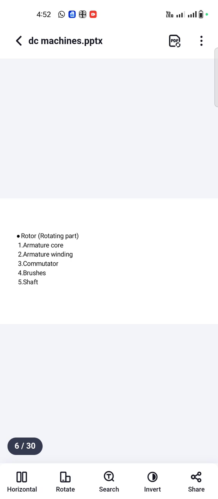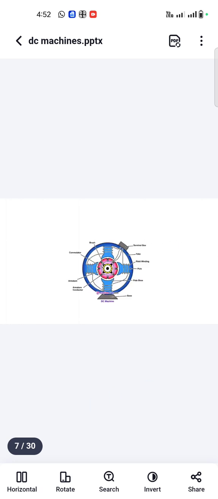Next we discuss them one by one. This is the structure of the DC machine. Initially I explained that two major parts are there, right? Stator and rotor, isn't it? In the stator, many parts are present.